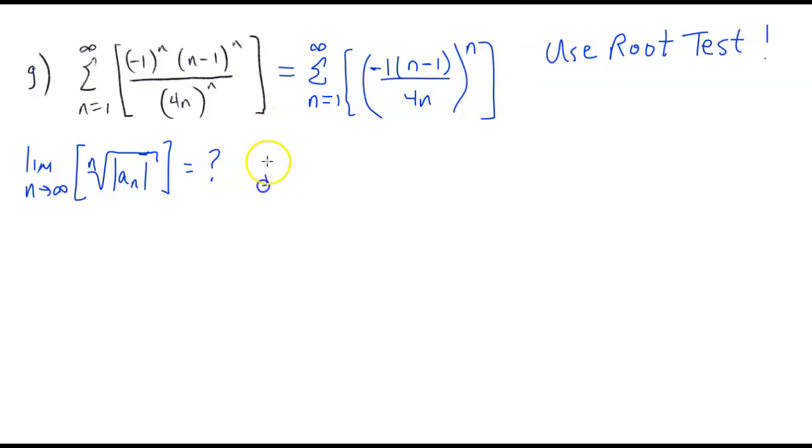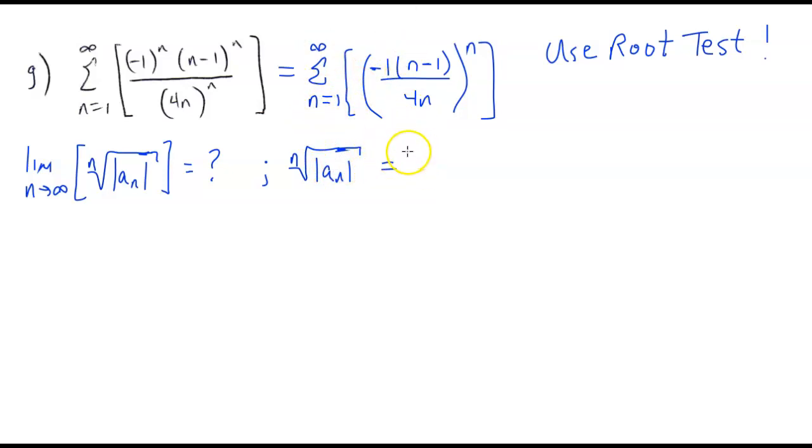So here what we need to do is figure out what this is going to look like. First off, because we have the absolute values here, the -1 is essentially going to go away.